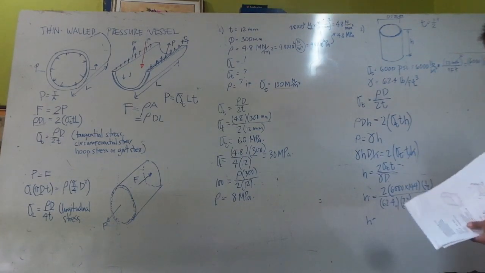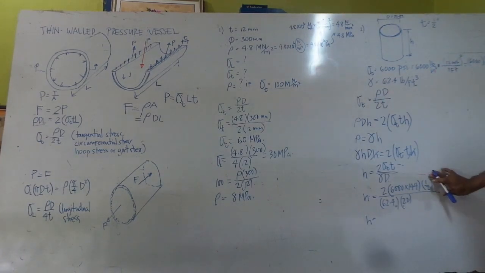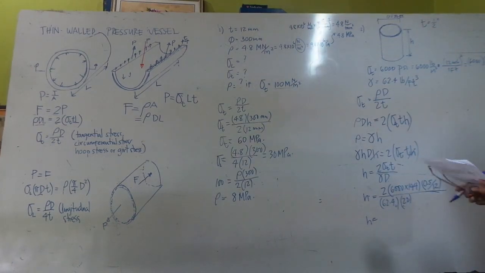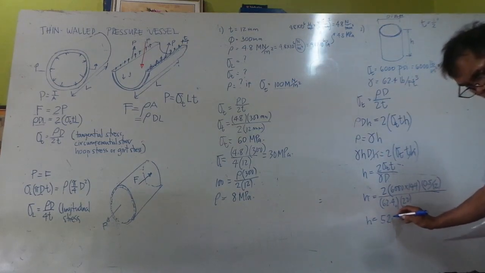By the way, we also need to convert the thickness. The thickness is 1/2, which is equivalent to 0.5, and we convert it to feet by dividing by 12. Then you'll have your answer equal to 52.45 feet.